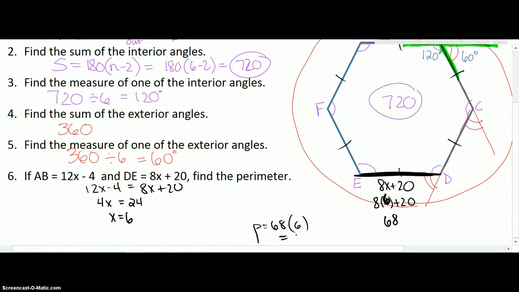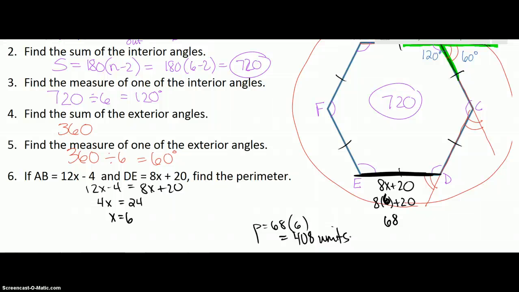And what do we get? 408 units, whatever it is. If it's centimeters, inches, miles, feet, it's just your units there. That's the degrees out on the outside. This is just the perimeter, like if you were to fence off an area, the length of fence that you would need.